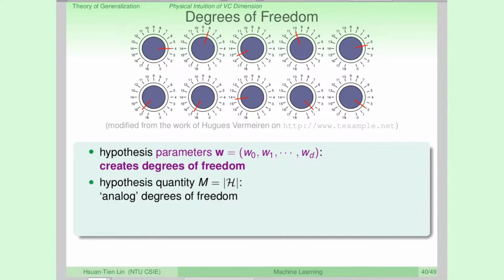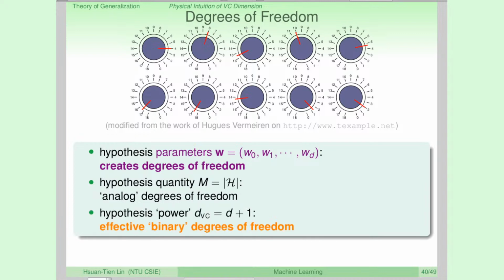The number of hypotheses is another way of looking at the degrees of freedom, but only by its original count, while here we are talking about the hypothesis power as a binary degree of freedom.